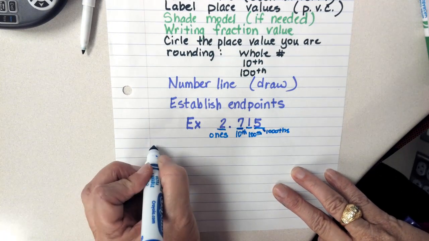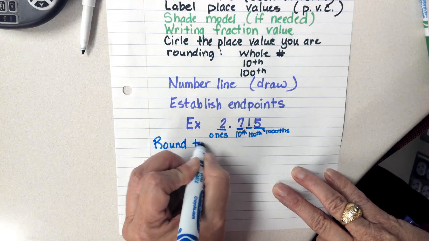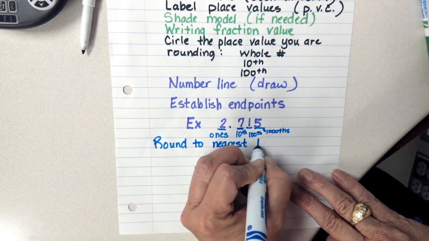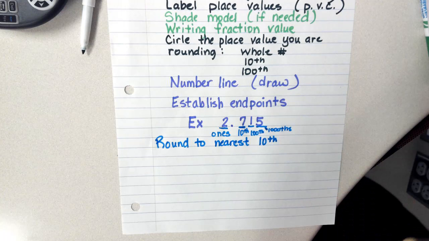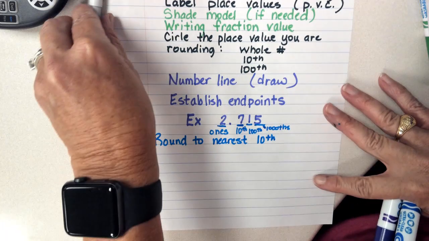And if I want to round to the nearest tenth, what number would I circle now? JJ, what number would we circle if we wanted to round to the nearest tenth? We would circle the 7.